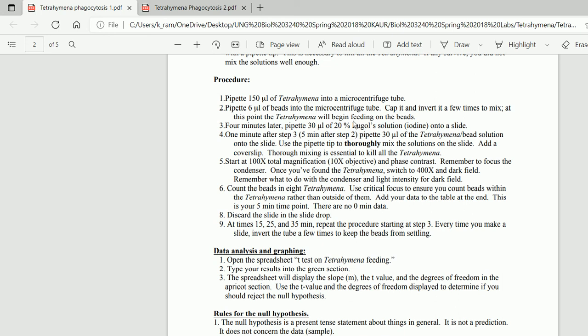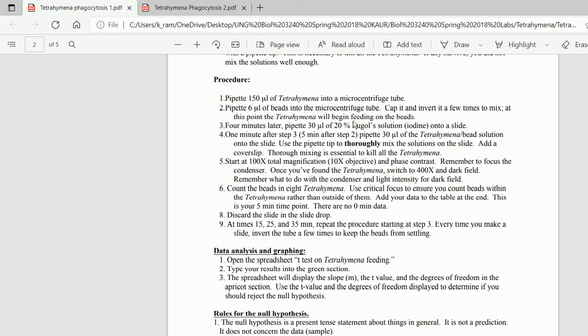You have to be very careful because your tube has tetrahymena and the dye in it. You have to count how many vacuoles are stained. You have a time point of 5 minutes, which is this one.